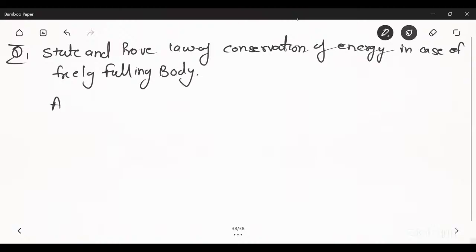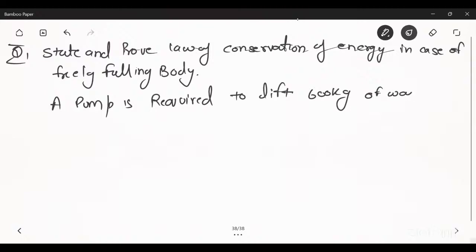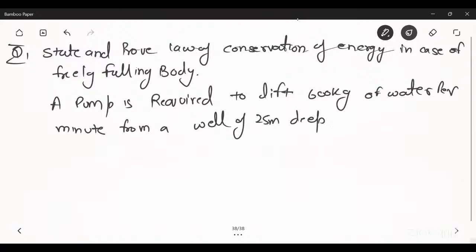And the second part is: a pump is required to lift 600 kg of water per minute from a well of 25-meter depth and to eject it with a speed of 50 meter per second.